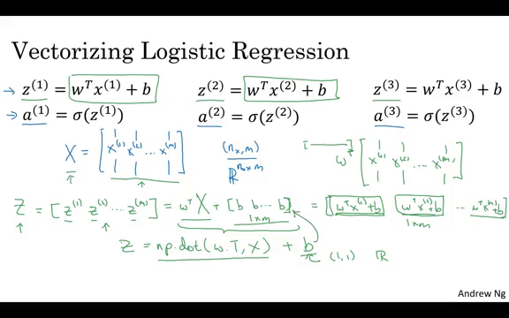So in case this operation seems a little bit mysterious, this is called broadcasting in Python, and you don't have to worry about it for now. We'll talk about it some more in the next video. But the takeaway is that with just one line of code, you can calculate capital Z, and capital Z is going to be a 1-by-m matrix that contains all of the lowercase z's, lowercase z1 through lowercase zm. So that was Z.